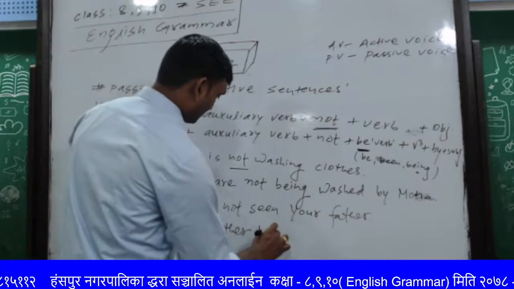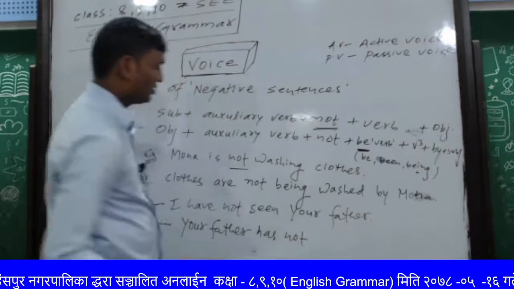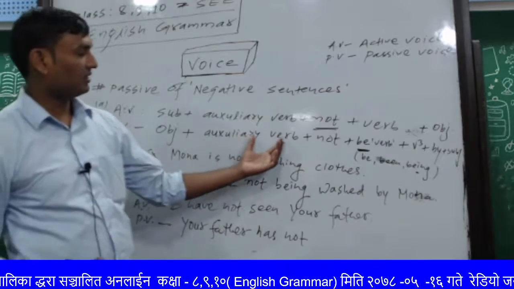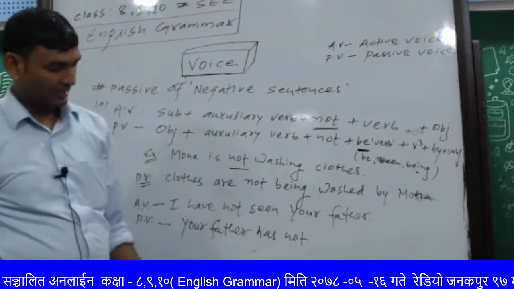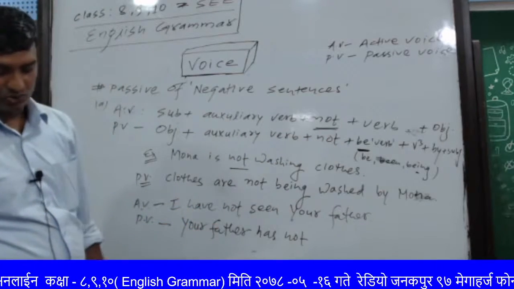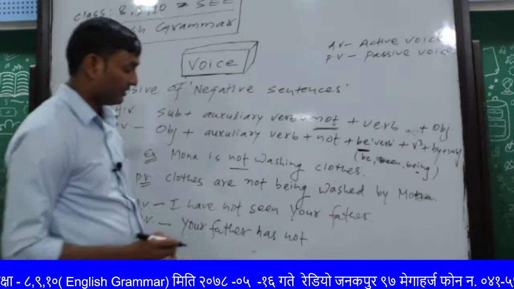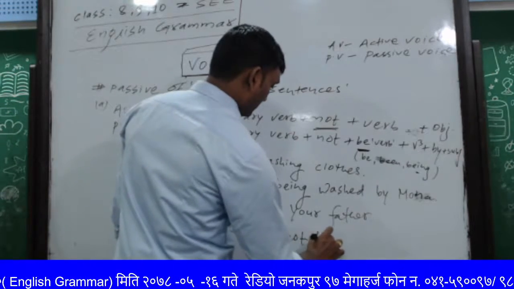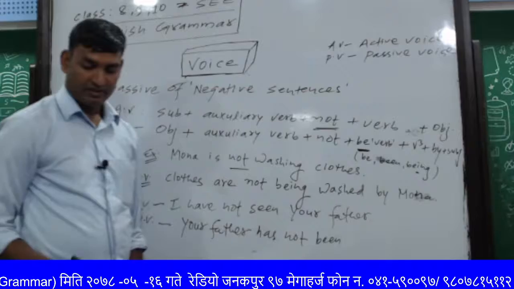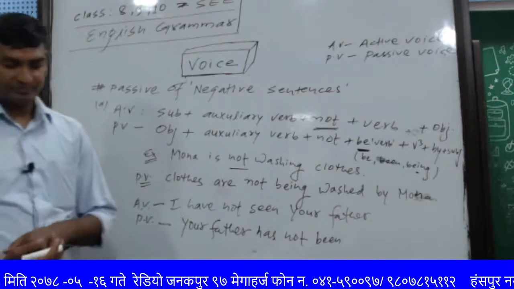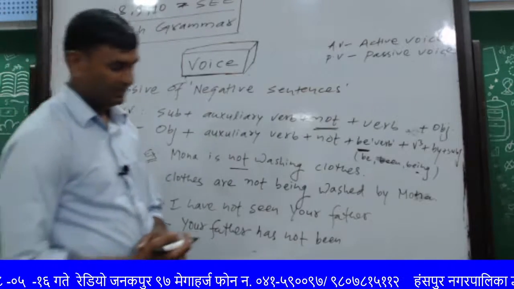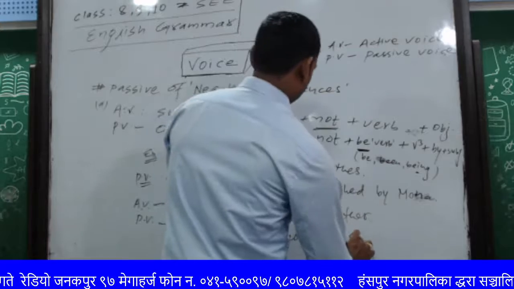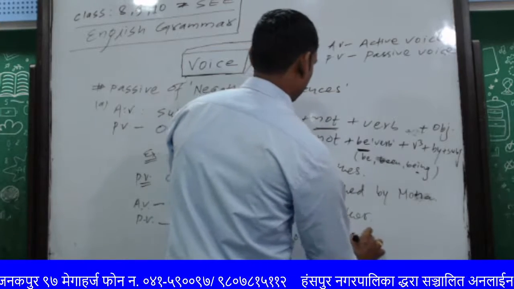Your father has not, that is the auxiliary verb, then not, then the be verb. And in perfect tense, been is used after the auxiliary. Your father has not been, then V3, seen.